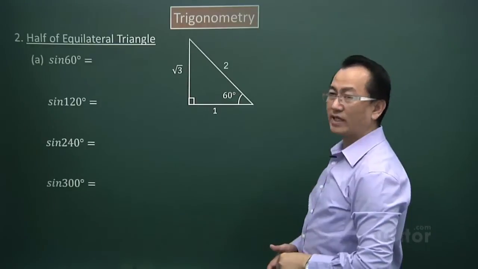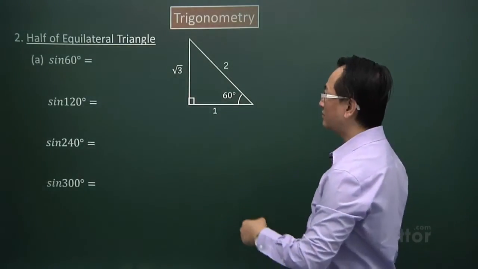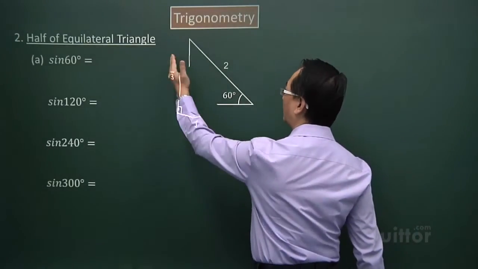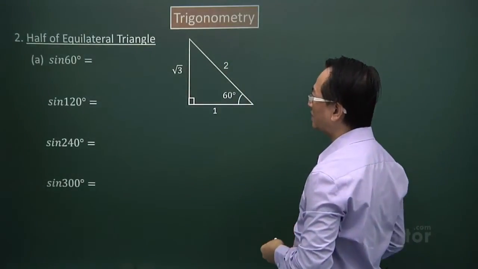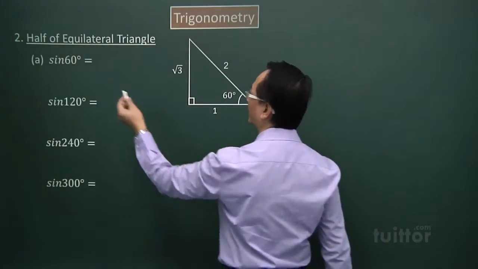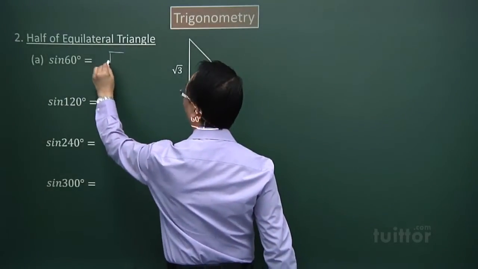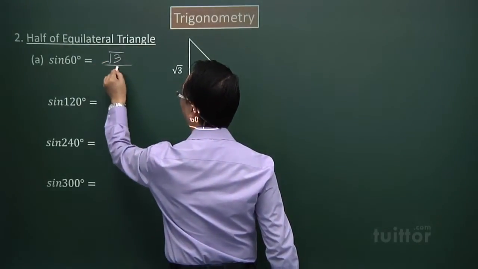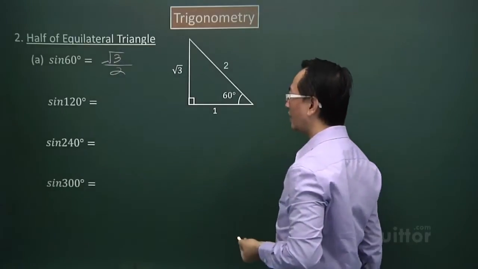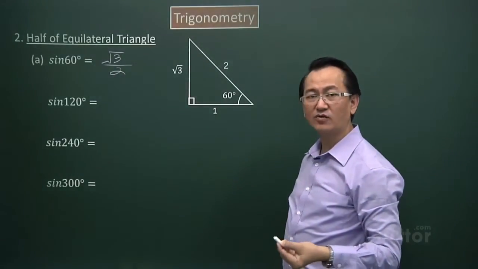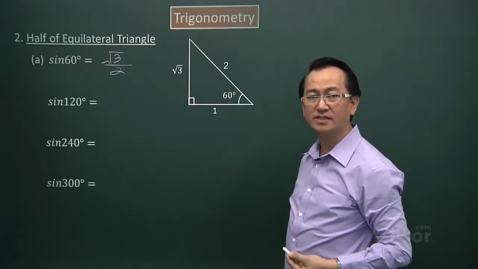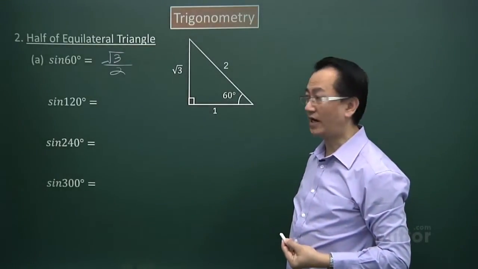So we are now looking at sine. It will be opposite over hypotenuse. So for this particular case, I have a value of square root 3 over 2. You can recall for sine, it's only the first two quadrants that have the positive value.